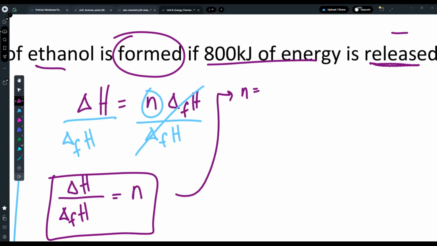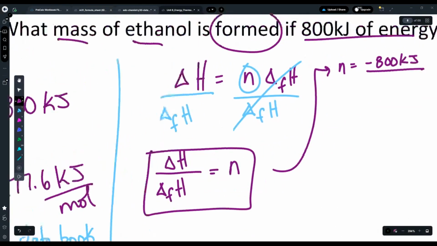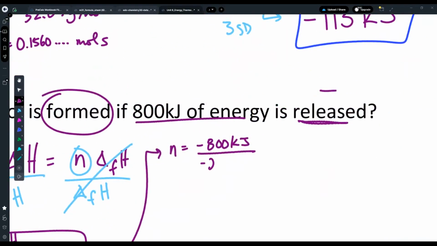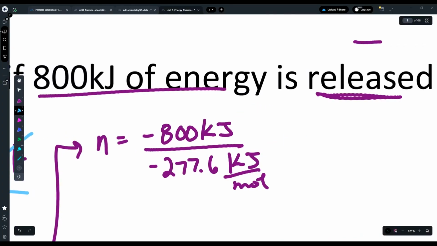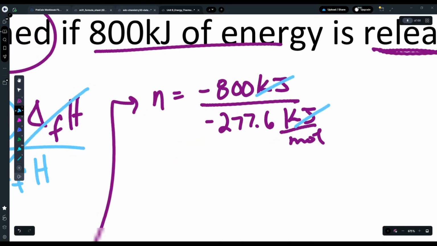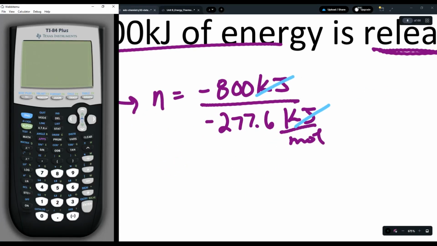So moles is equal to negative 800 kilojoules divided by negative 277.6 kilojoules per mole. Notice how we have the same energy units, so those cancel out nicely. All right.